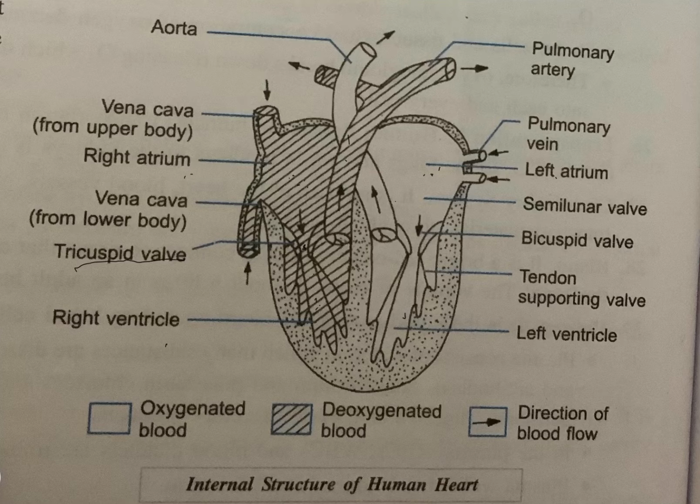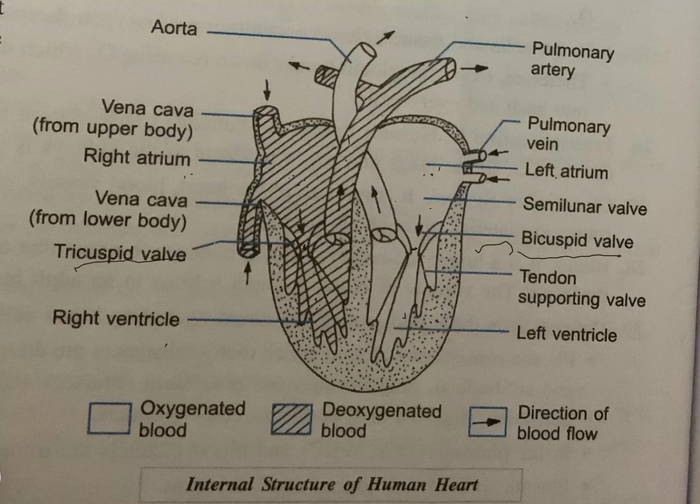See the left side, left atrium and left ventricle, between them is the bicuspid valve. Interauricular valve is bicuspid. Valve is here. Bicuspid valve, interauricular valve, and this side is tricuspid. Right side में tricuspid and left side में bicuspid valve.